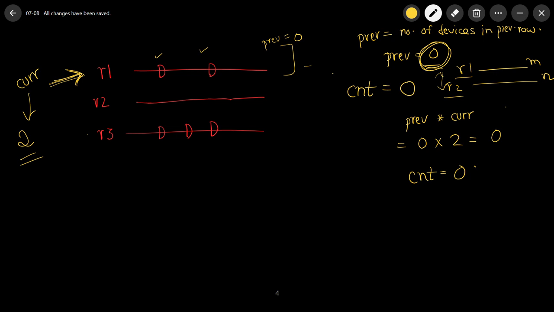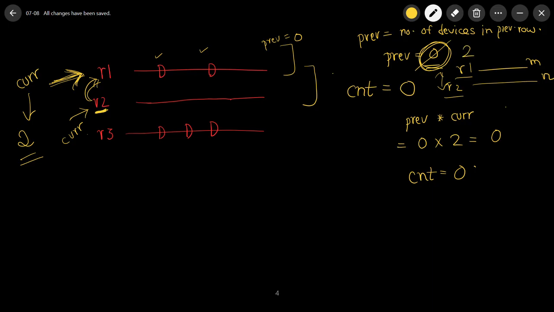Now we consider this pair, that is R1 and R2. Now our current moves here. And before moving to this, our previous will become this, right? Because for this as current, its previous is R1. So now previous is reset to the current, that is this current, which was 2.